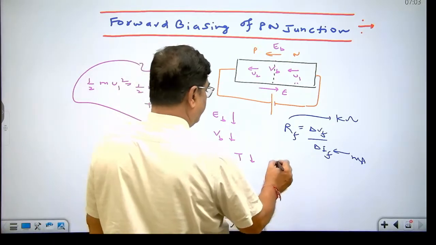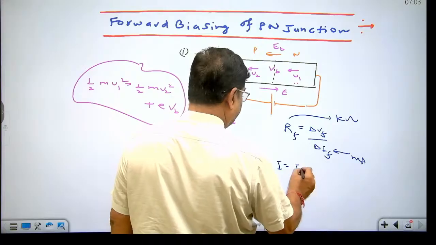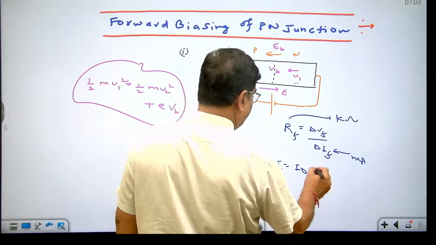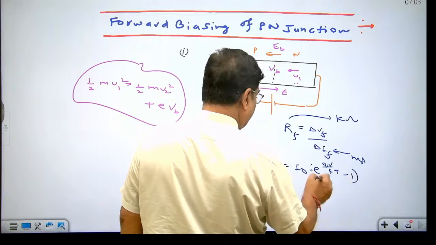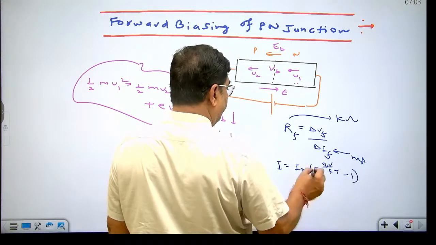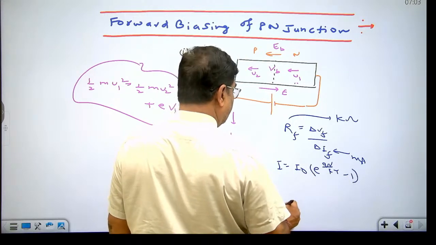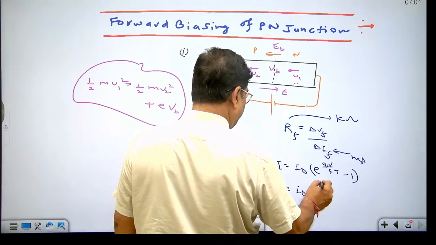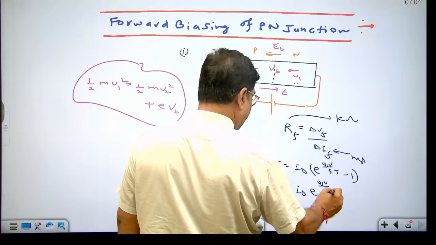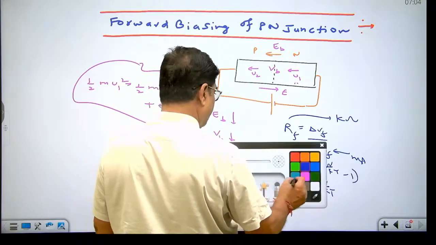And this is the equation in case of forward biasing: I equals I naught, the reverse saturation current, times e to the power qV upon kT minus 1. In forward biasing, e to the power qV upon kT is quite large in comparison to 1, so I can be written approximately as I naught e to the power qV upon kT. k is the Boltzmann constant here.